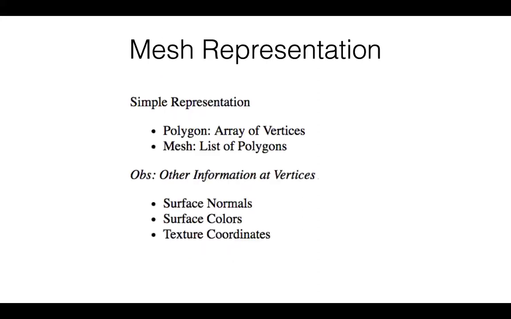And we see that the mesh not only describes the geometry and topology, but also gives other information, like visual attributes, like surface colors, texture coordinates. And this is used both for visual appearance and also to describe other properties, like material properties and things like that.